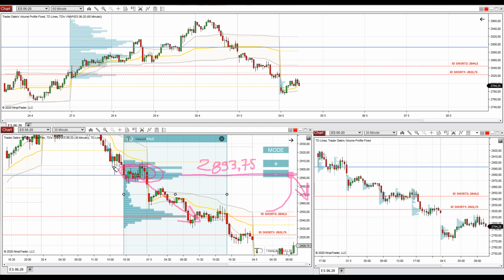Now I really like this rejection because this shows that it worked as a support in the past, because the price rejected the support in the past. It reacted, made a very nice reaction. And when the price went past this support, the support then became a resistance.